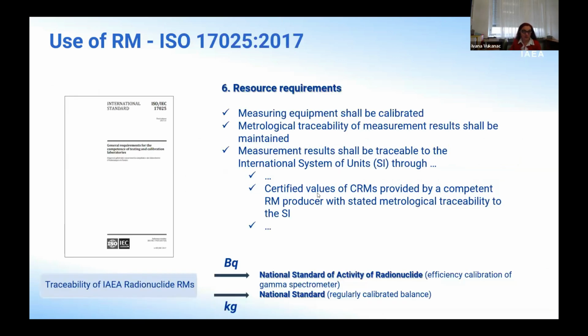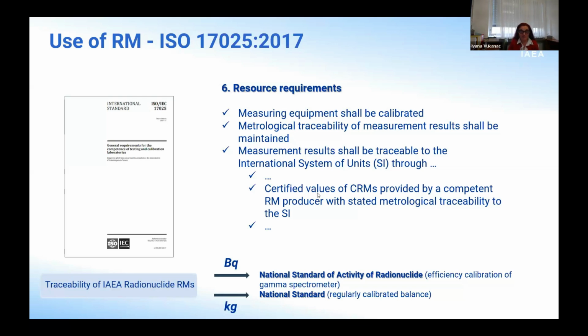In the standard, clause 6 defines resource requirements, saying that our equipment shall be calibrated, that metrological traceability of measurement results shall be maintained, that measurement results shall be traceable to the International System of Units through, for example, certified values of certified reference materials provided by a competent reference material producer with stated metrological traceability to the SI.